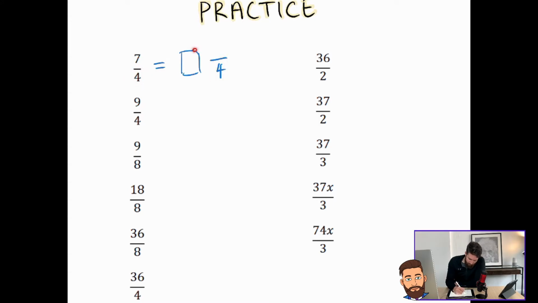So you just need to work out what goes here and what goes here. How many times does 4 go into 7? 4, 8, 12. Well, 8 and 12 are too big, so it's one whole one. And how many left over? How do you get from 4 to 7? It's one whole one and 3 left over, because 1 times 4 is 4. How do I get to 7? There's 3.